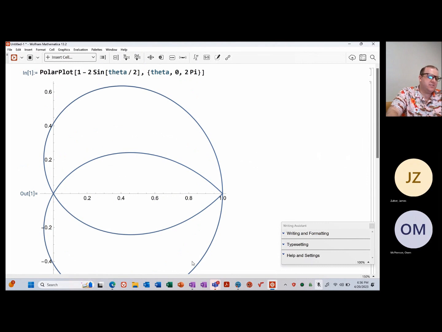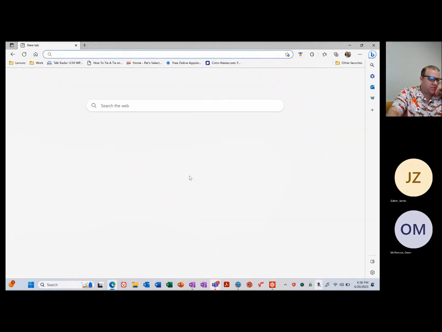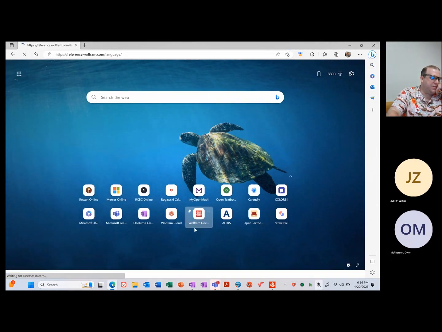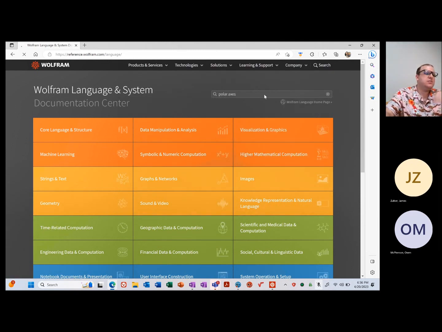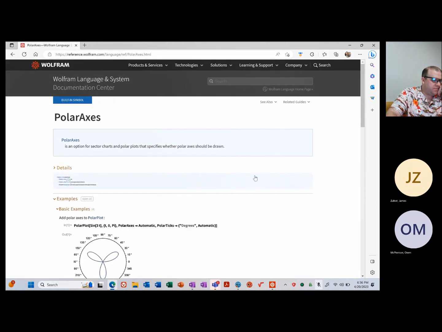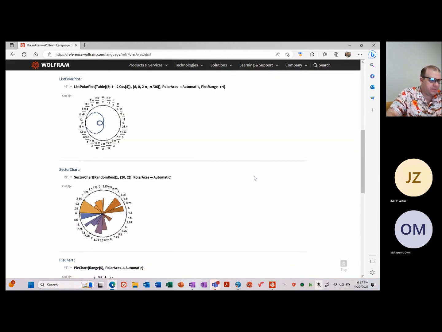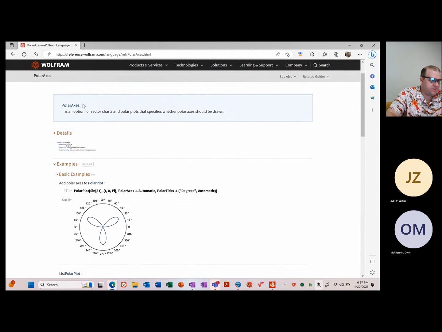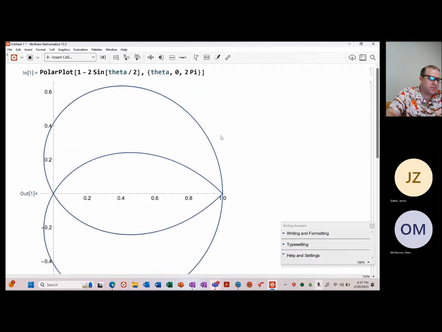There is a setting to turn off the XY axes and turn on the polar axes. So I could.